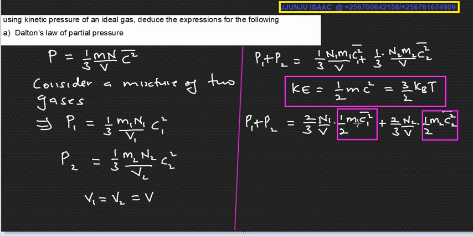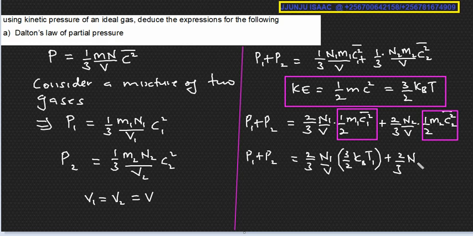We understand that this is kinetic energy, so we can as well write P1 plus P2 equal to 2 over 3 N1 over V. Now here we are going to put 3 over 2 kB, Boltzmann's constant, for temperature 1, then plus 2 over 3 N2 over V, then 3 over 2 kB and T2.